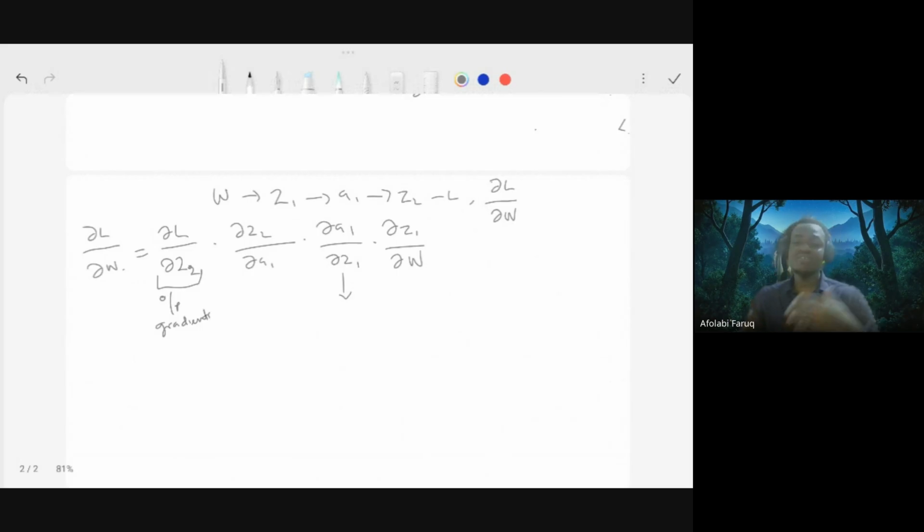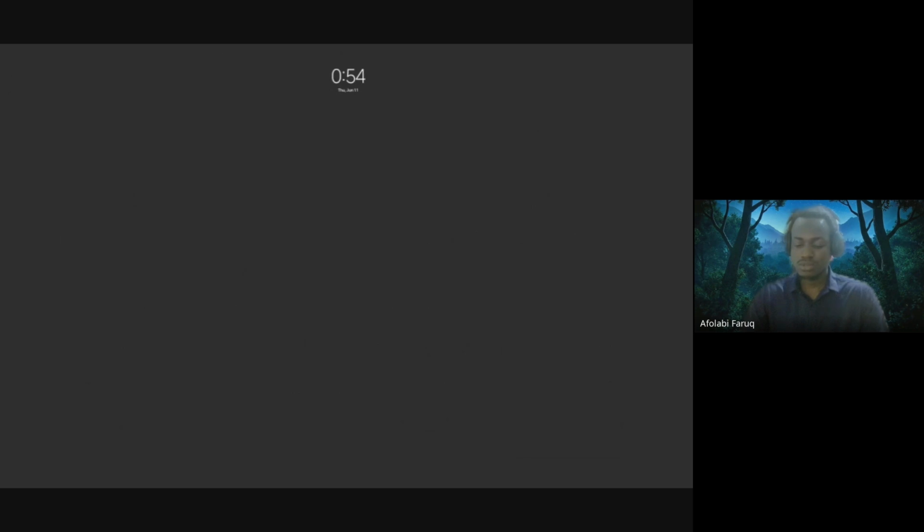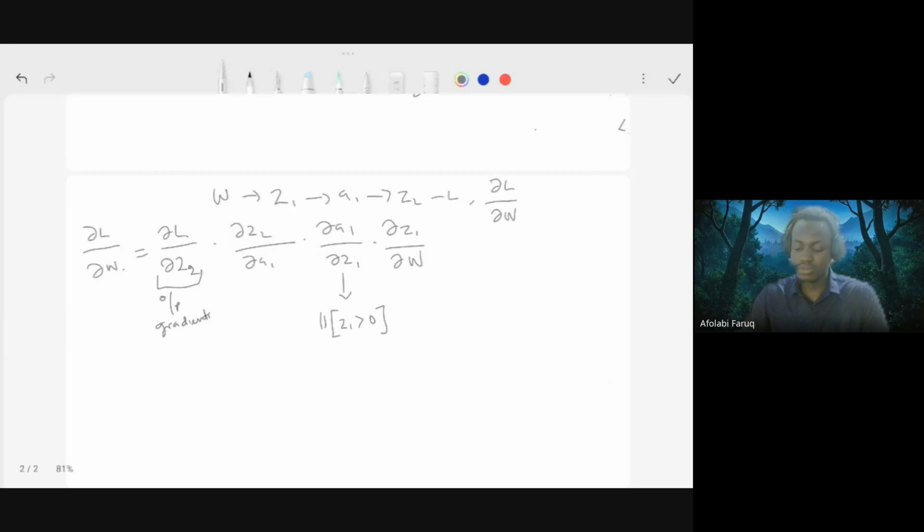Anything negative is turned to zero, and it keeps the positive values. So I'm going to say this is Z1 greater than 0, right? So that is basically that.